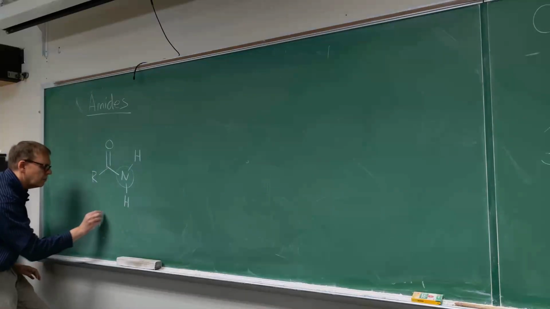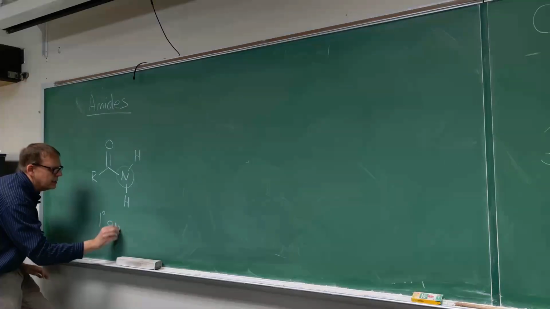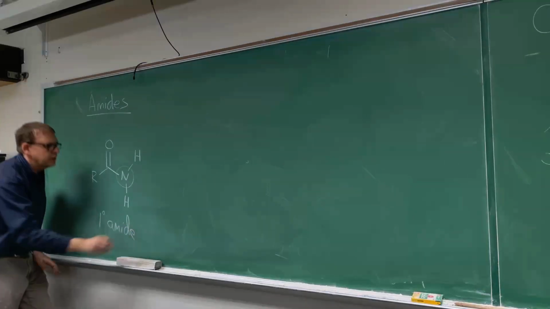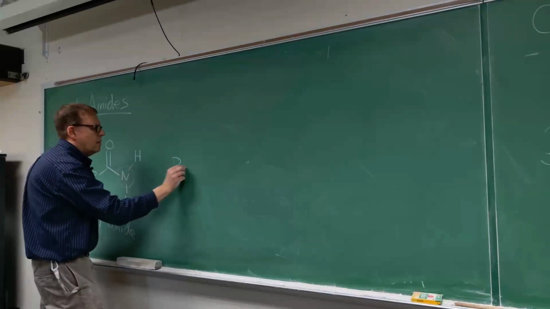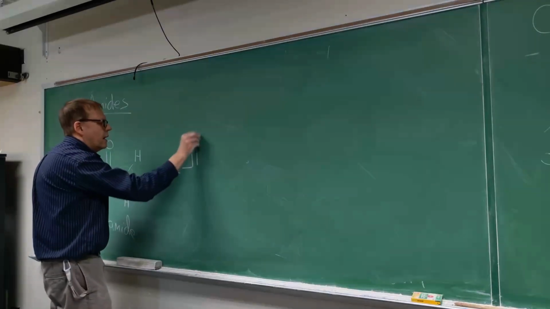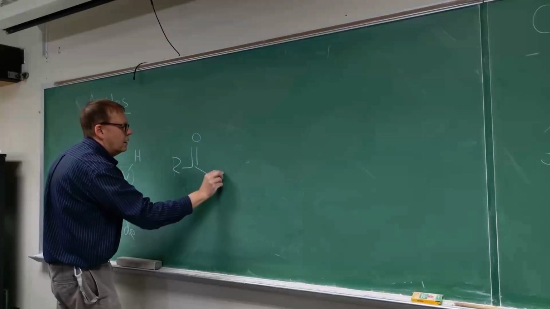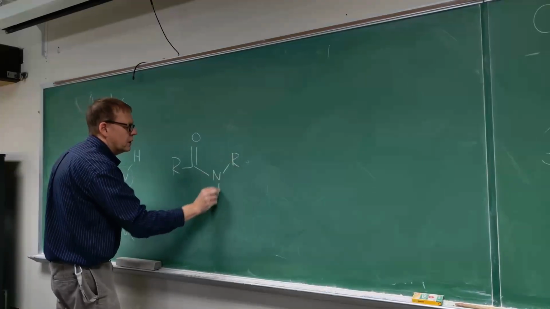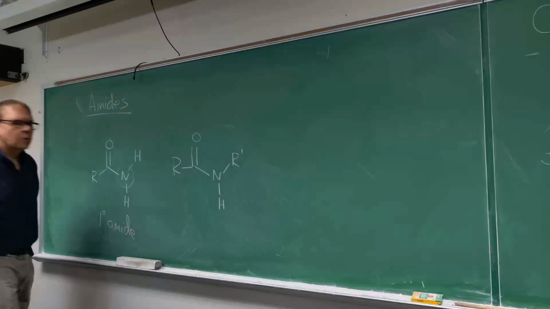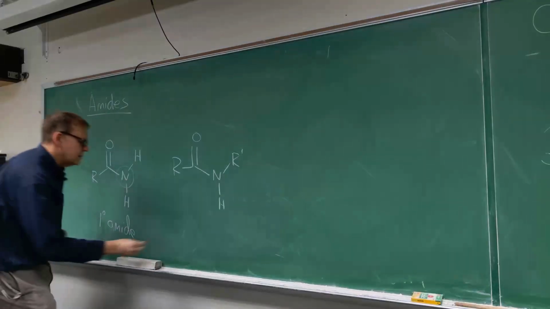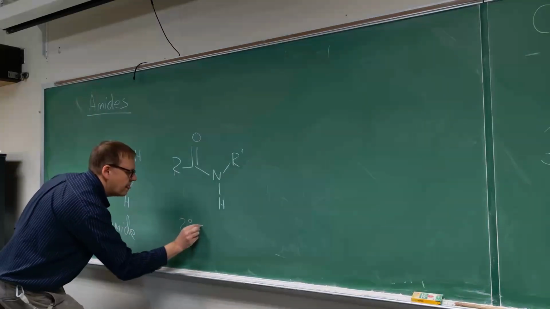This is what's called a primary amide, because it has just that one carbon group attached. There are amides out there that have two carbon groups, where these R groups are carbon-containing groups, and so this is called a secondary amide.